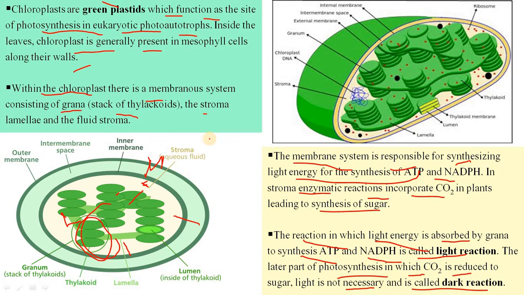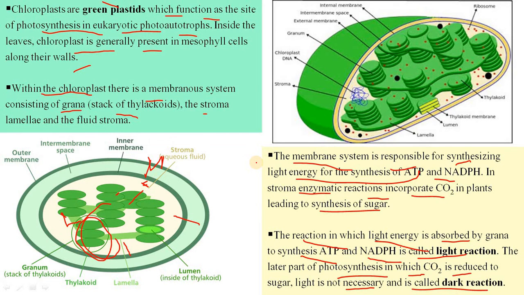The modern concept is organized units of highly ordered antenna complexes. During photosynthesis, energy obtained from the trapping of light by the antenna complexes is transferred to the reaction center, comprising chlorophyll molecules, proteins and enzymes, where a series of electron transfer reactions follow.